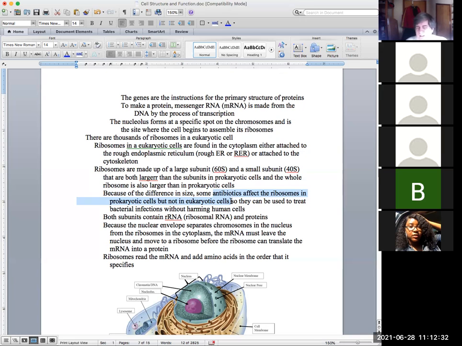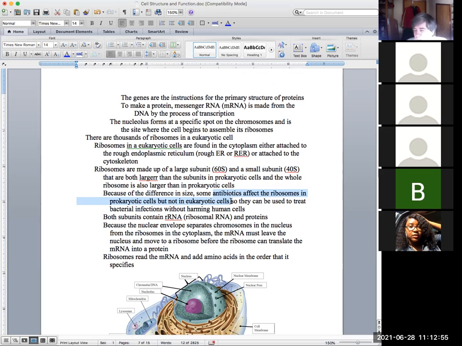So tetracycline interferes with the ribosomes in prokaryotic cells, making proteins. It doesn't interfere with human ribosomes.